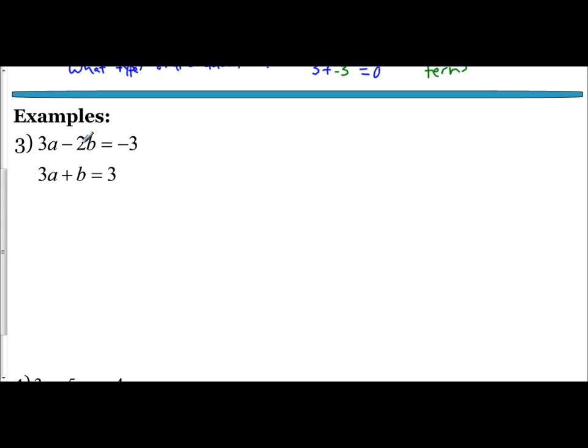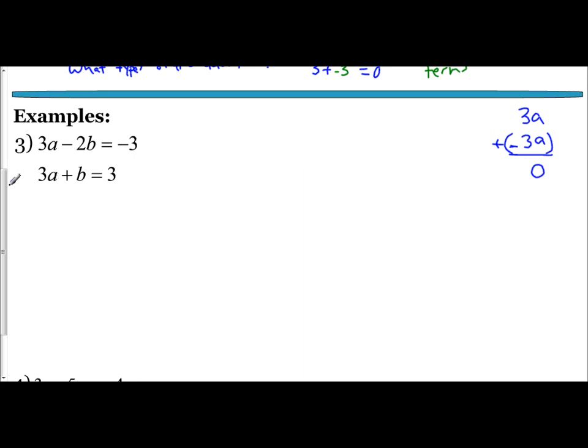One route might be easier than the other, but overall the same answer will be found. So if I want to create opposites, I'm going to say I want to eliminate a. Well, if I have a 3a on the top, then I want on the bottom a -3a. And that way, adding them gives me 0.